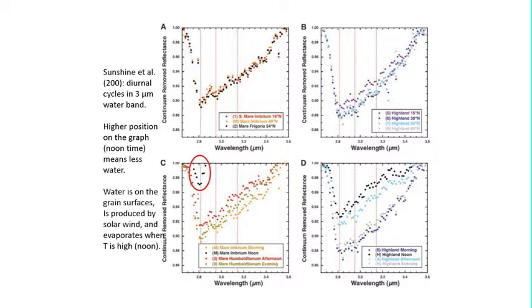The solar wind, which is obviously capable of making water. When a hydrogen atom hits an oxygen atom, you can make water, even if the hydrogen is charged.